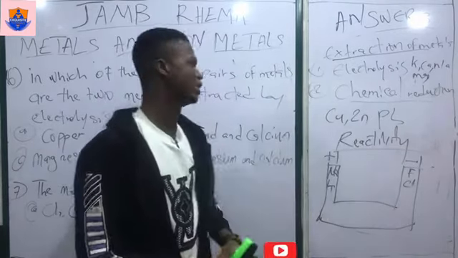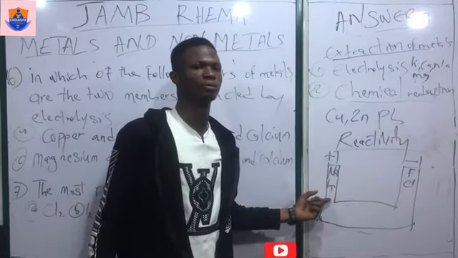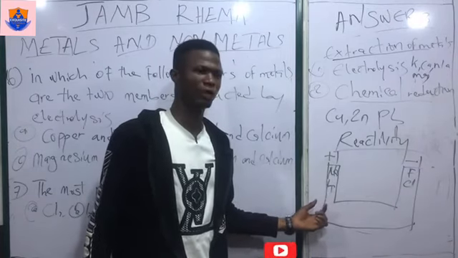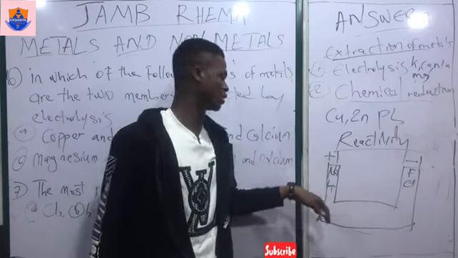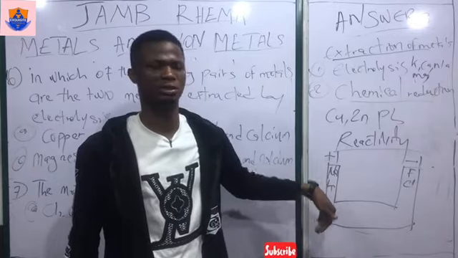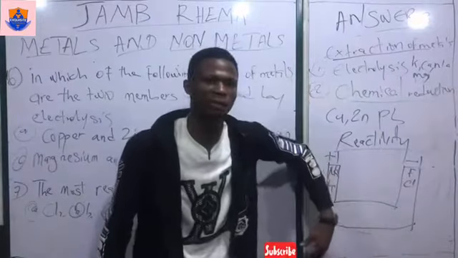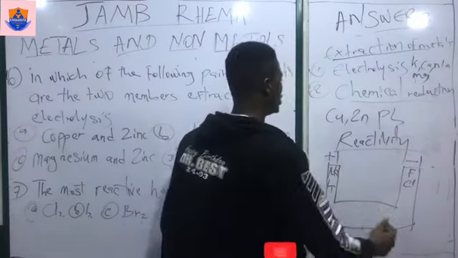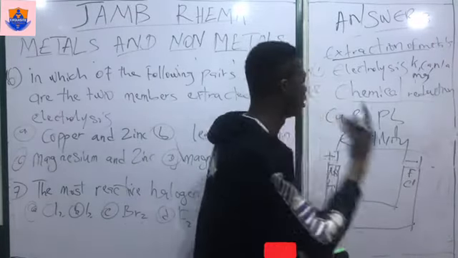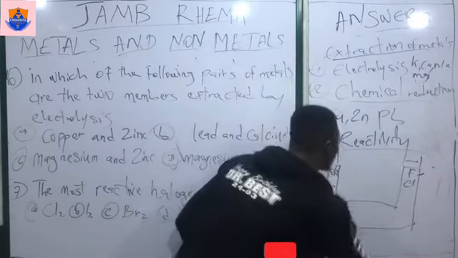The reactivity increases down the group, which is to say that potassium is more reactive than sodium. And we have other alkali metals below potassium. We have francium, cesium, and the rest. So your reactivity increases down the group for your alkali metals. But when it comes to the halogens, your reactivity decreases down the group, which is to tell you that the halogen at the top is more reactive than every other halogen below.